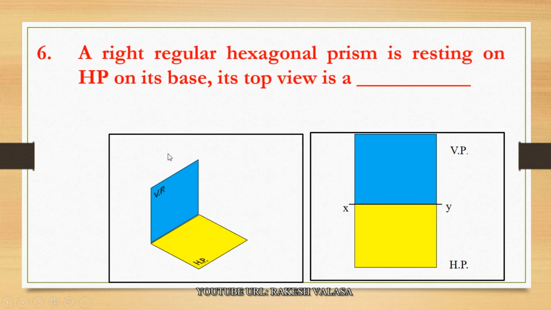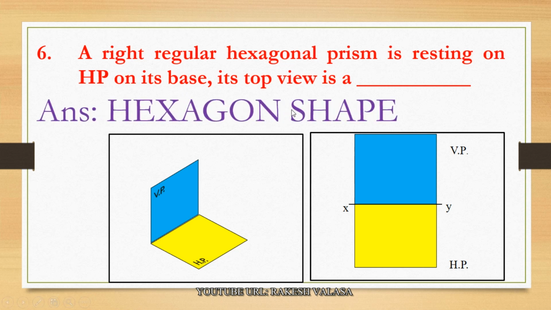Question number 6. A right regular hexagonal prism is resting on HP on its base. Its top view is a dash. The answer is hexagon shape. Here I am taking a hexagonal prism resting on HP on its base.